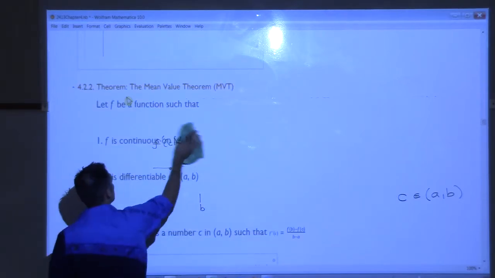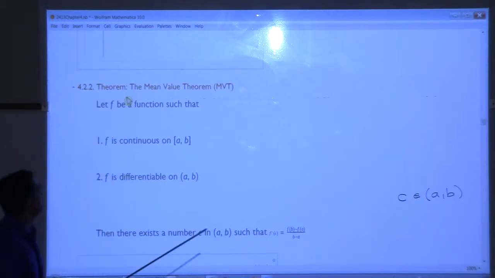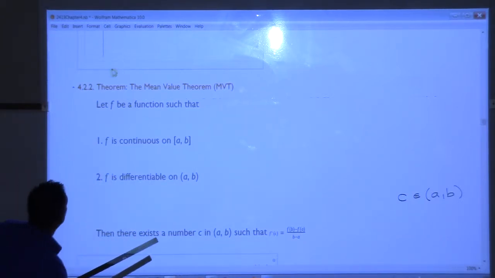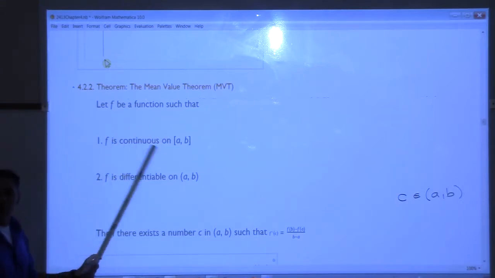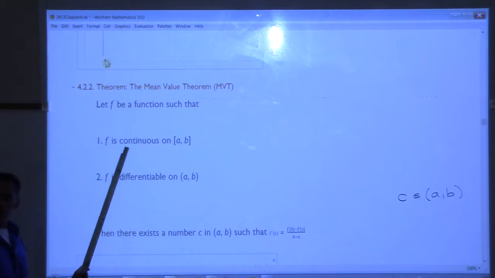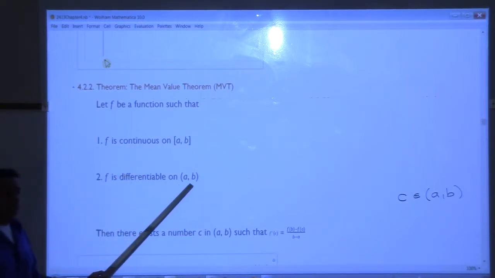Let's look at the theorem first, and let's see without a picture if we can make sense out of it. The mean value theorem says, let f be a function such that, first, it's continuous on a closed interval, so we can draw it without picking up our pencil. Same thing as Rolle's theorem. It's differentiable on the interior of AB, so no corners or cusps.